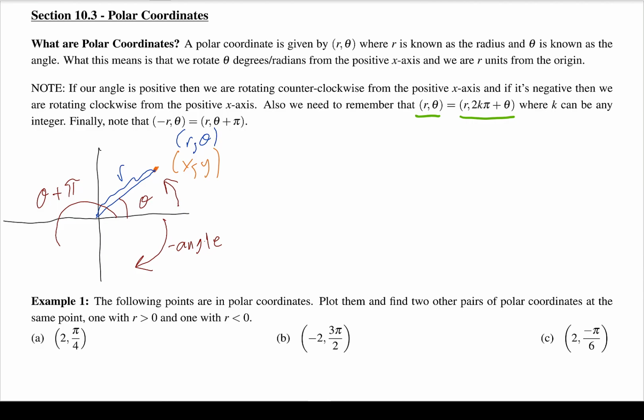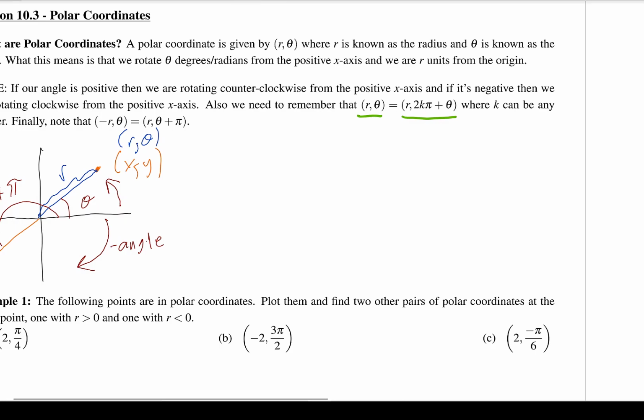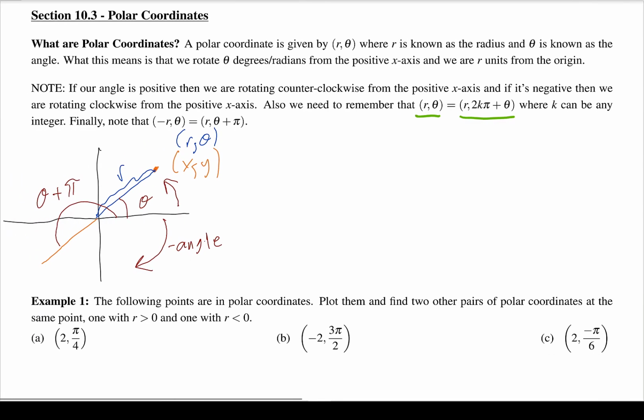Now, if I had a positive r value, so if I took something like this, and let's say this is the same length as that blue line, then this would be r comma theta plus pi. We do the radius first and then the angle.